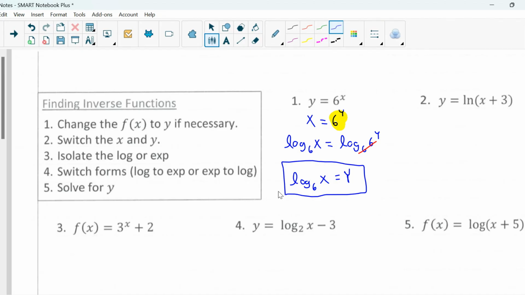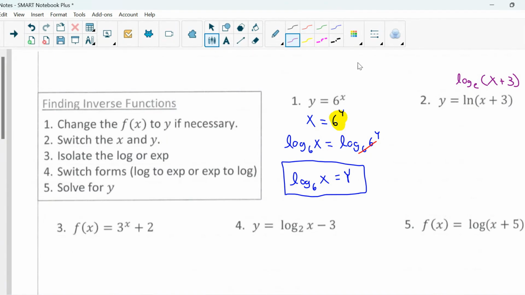All right, taking a look at number 2 here. Number 2 is another one of our special logarithms because we have the natural log. So remember, in order to cancel out the natural log, we need to have e, because I could rewrite the natural log here as log base e of x plus 3. So in order to cancel this out, I'm going to have to use e as the base of my exponent.